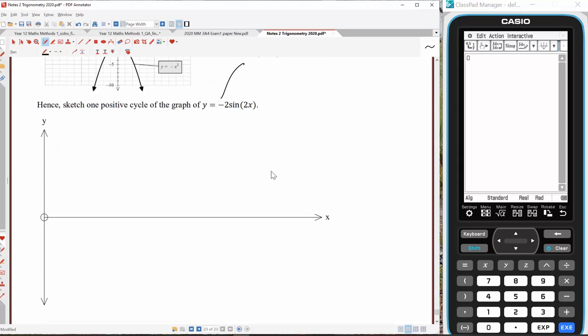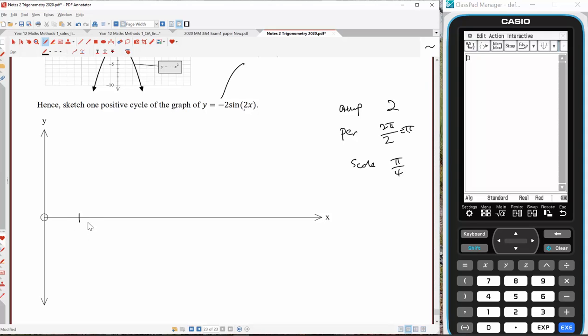All right, so let's sketch one positive cycle of this particular graph here. Now we go through the same basic process. The amplitude is 2. The period is 2 pi over the n value, which is 2. So period is pi. Our scale is the period split 4 ways.